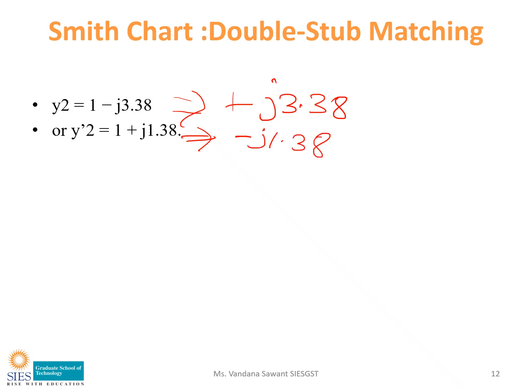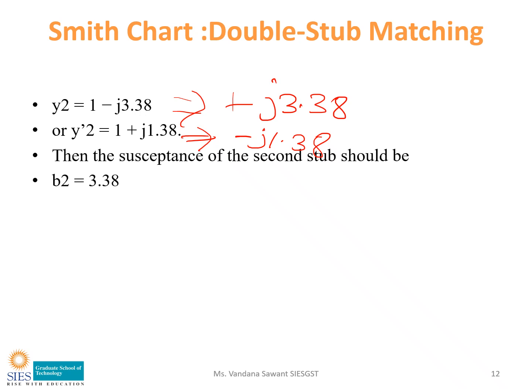Now we need to find out the wavelength at the susceptance of plus J 3.38 and minus J 1.38, that is the B2 and B2 dash. The wavelength at 3.38 is 0.204 lambda, that is your L2, and the wavelength at minus 1.38 is 0.350 lambda, that is L2 dash.